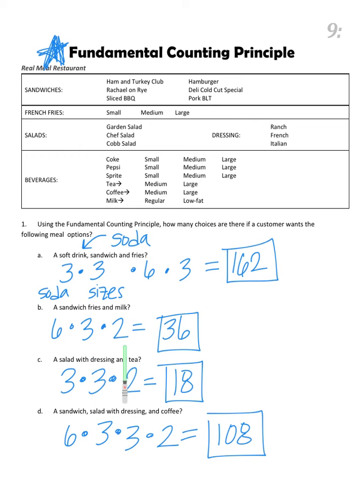So 6 times 3 times 2, and you get 36. Salad with dressing and tea, 3 salads, 3 dressings, 3 times 3, and then 2 tea sizes, so times 2 for 18. And then for D, 6 sandwiches, 3 salads, 3 dressings, and 2 coffee sizes for 108.